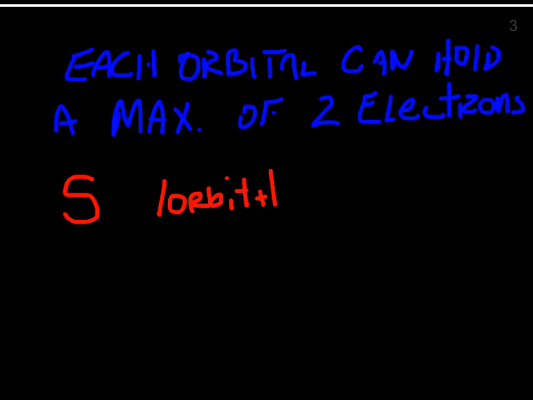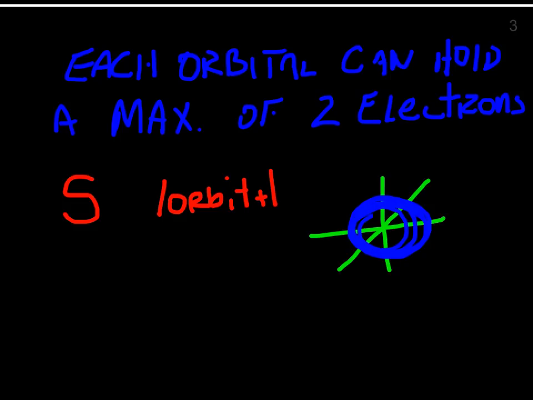On a Cartesian plane, an XYZ axis, this S orbital is going to be a sphere, and that's the classic idea of what an atom looks like. It's just this round object. In that, there can be two electrons. There can also be one electron. You couldn't tell whether there's one or two just by looking at it, because the electrons are acting as waves now. But in that area, there can be either one electron or two electrons.